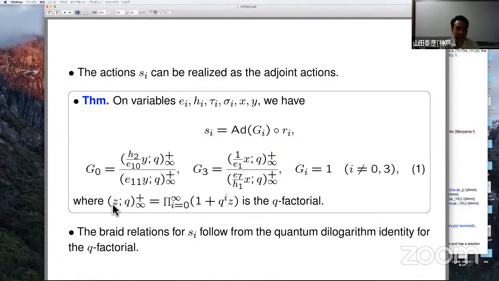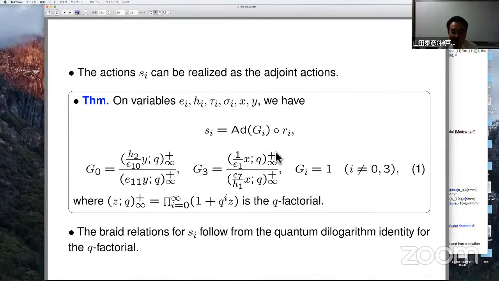Now here, this symbol represents the infinite product, or the Q factorial or Q dilogarithm. And in this realization, the braid relation for the action follows from the Q dilogarithm identity for these Q factorials. And this realization plays an important role later.